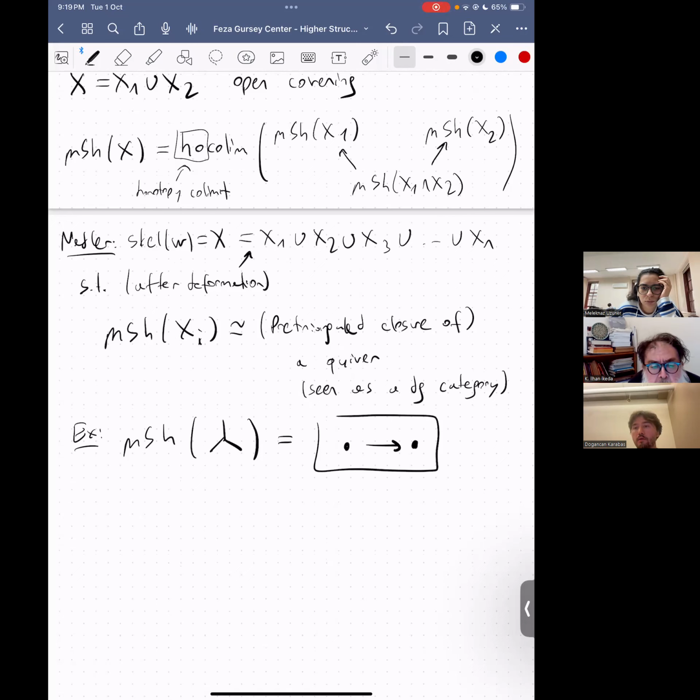How do I read a quiver as a DG category? I take all arrows in degree zero, differentials zero, and there are two objects and one arrow. I can see this as a category like that: vertices are objects and arrows are morphisms, and I can freely compose them if there are compositions.